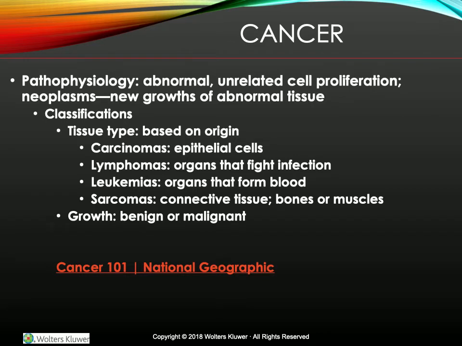Now, a well differentiated cell looks like a normal cell, and that tends to grow and spread more slowly than a poorly differentiated or undifferentiated cell. Differentiation is used in tumor grading systems, which are different for each type of cancer.